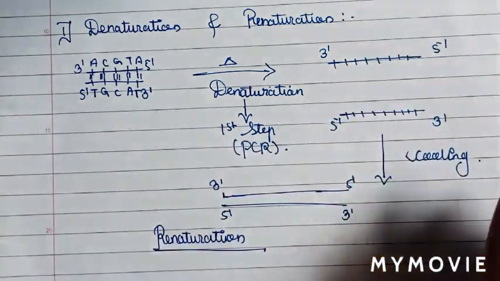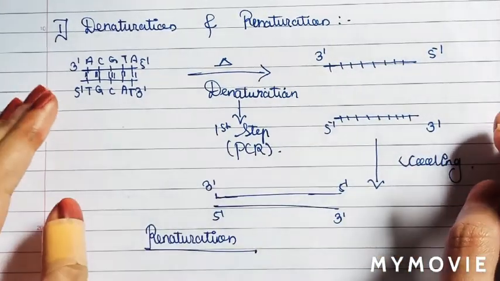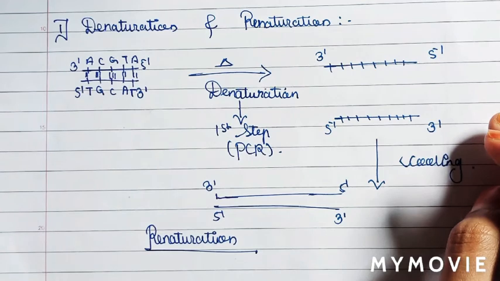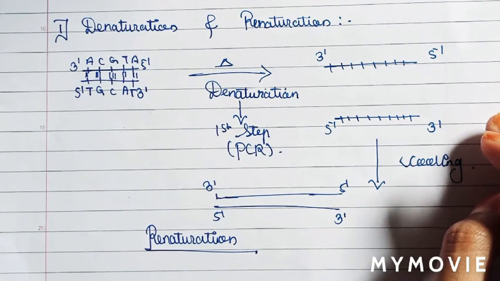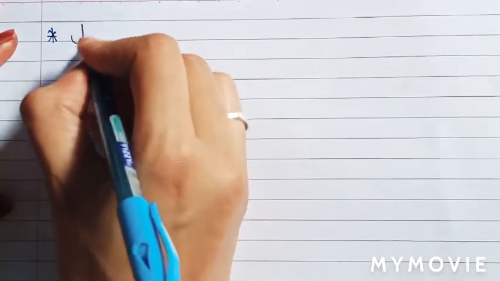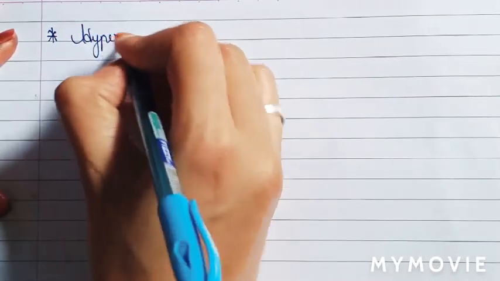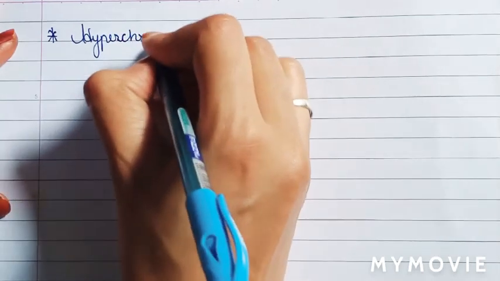So these were the concepts of denaturation and renaturation of DNA. Now we are going to see the hyperchromatic effect of DNA strands.